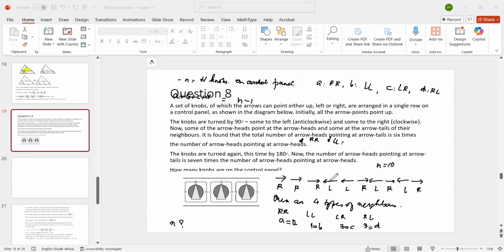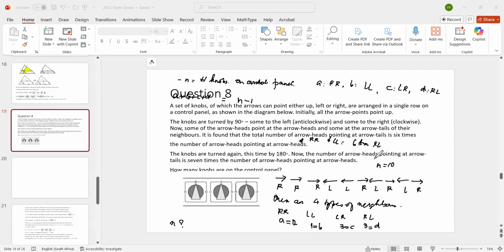Now this is an arrowhead pointing to an arrow tail. So it's 6 times RL. Right. LR, you don't have an arrowhead pointing to a tail, they are pointing away from each other. But here, the number of arrowheads which are pointing towards arrow tails, right? This is an example.